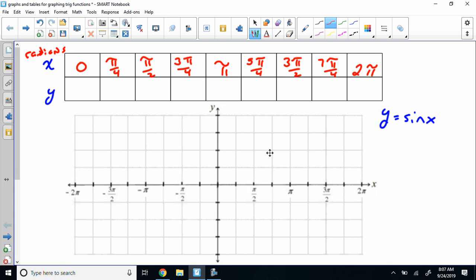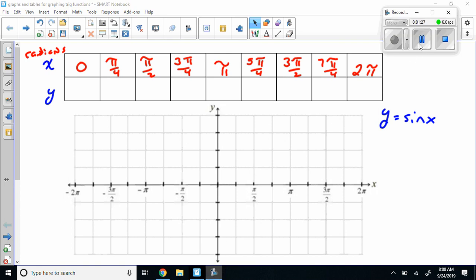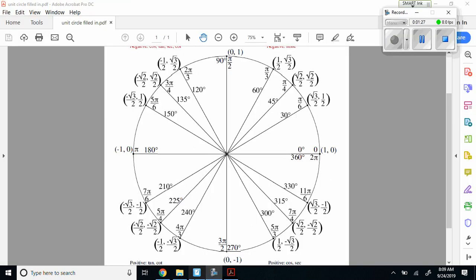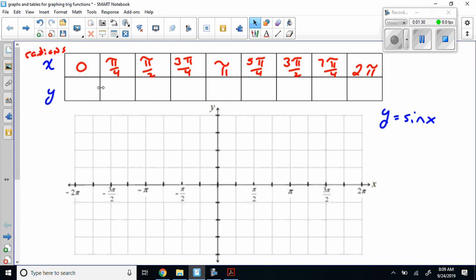Now, what I need for you to do is to take about a minute to get your sine values at these particular radians. Okay, so we'll give you a minute to do that. So I'm curious what you got for the output here.